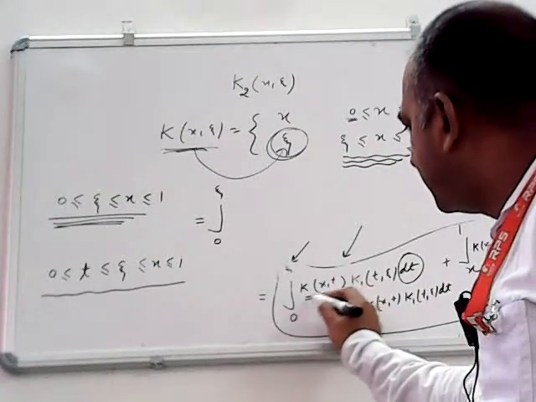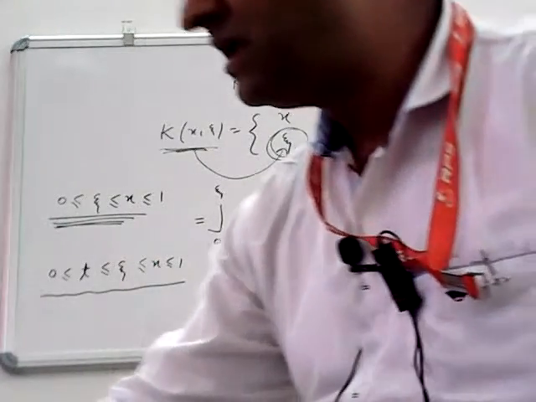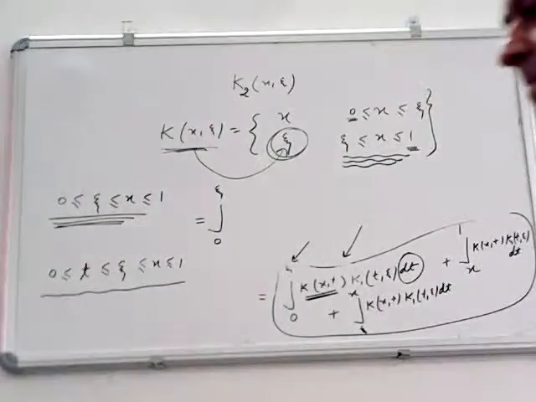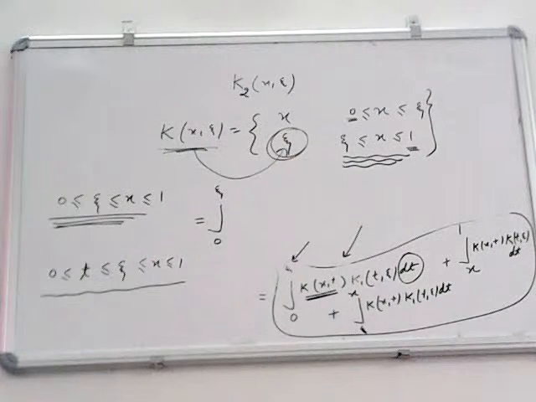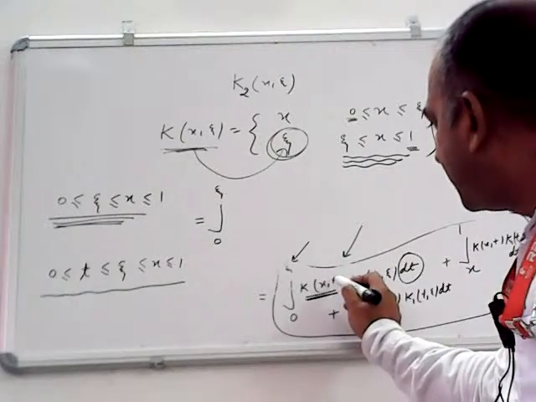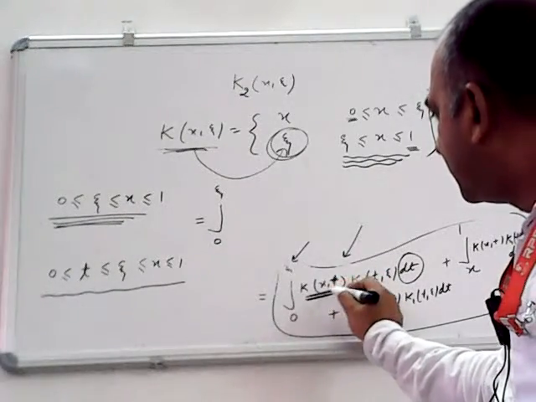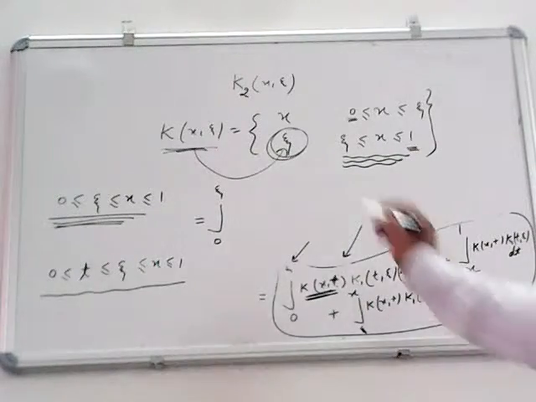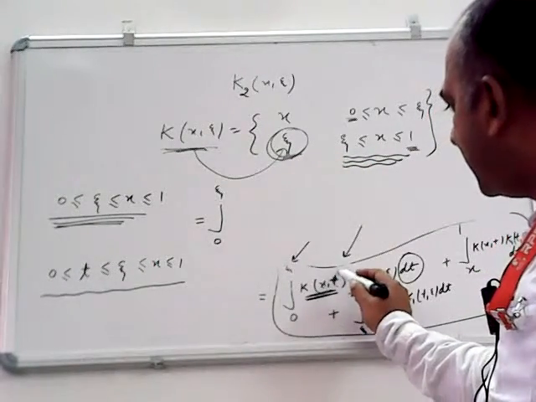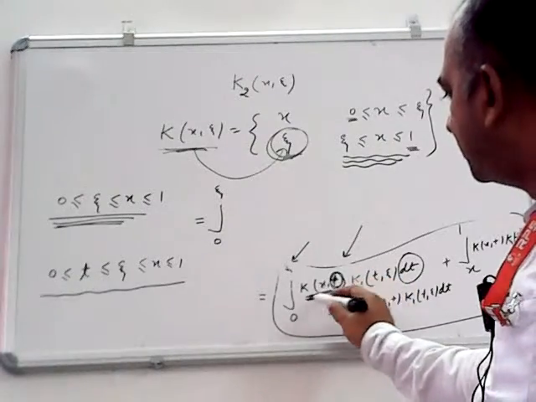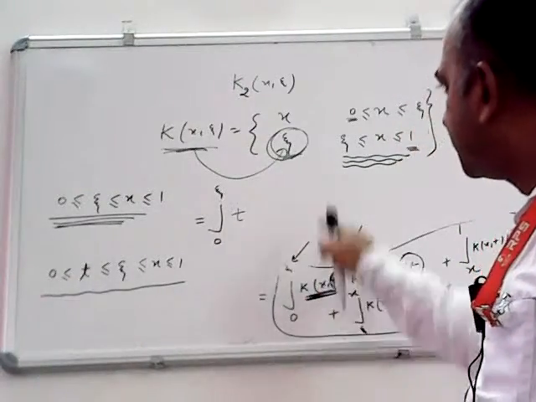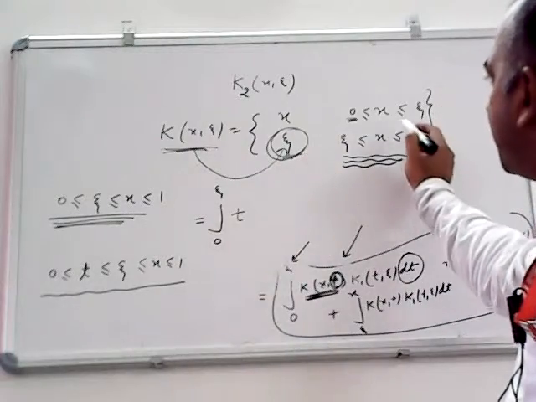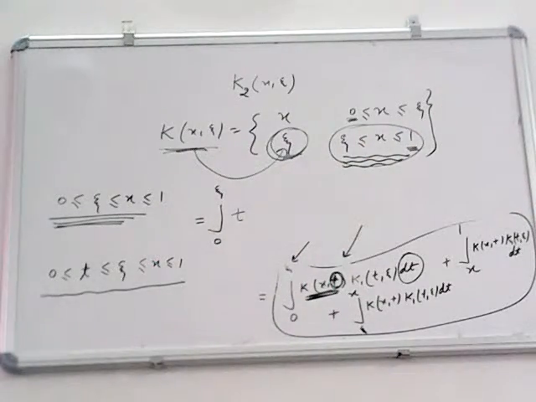The value of this kernel k of x comma t in this scenario: the value of k of x comma xi is xi, because of this particular scenario.